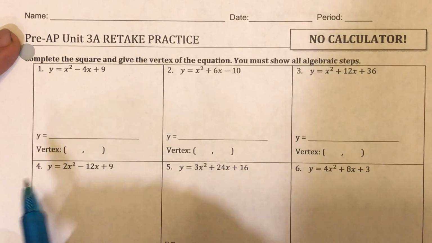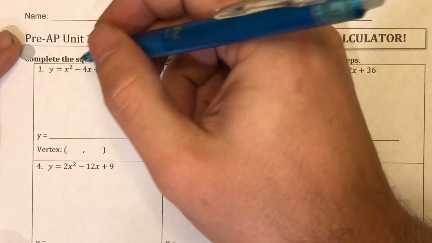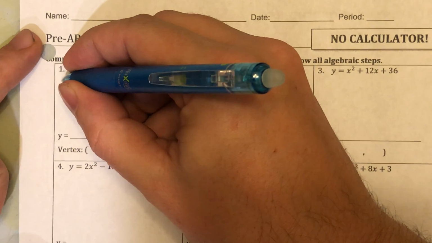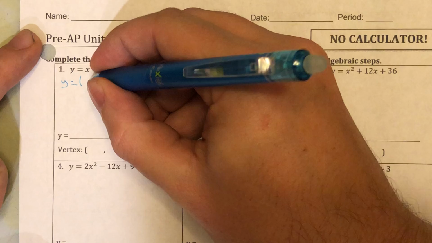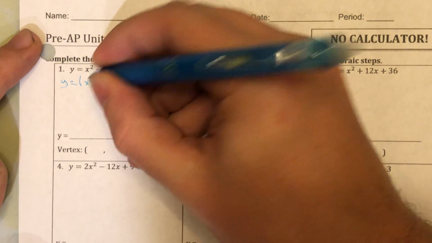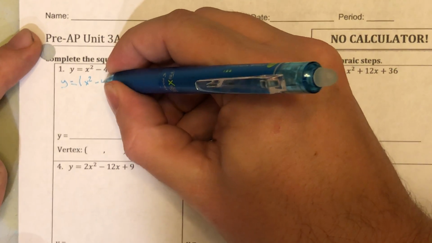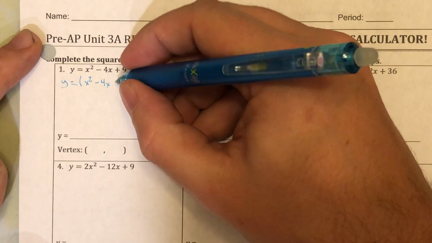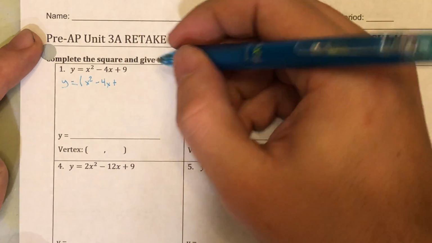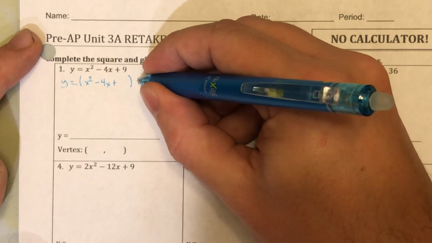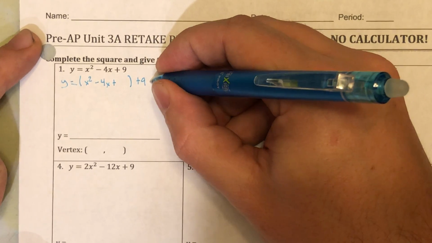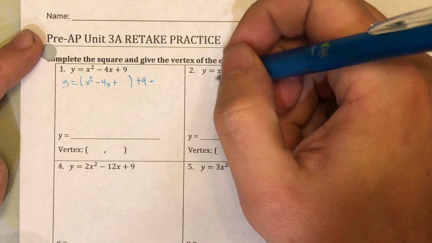So when we complete the square, we rewrite this. We have y equals, we open a parenthesis, x squared minus 4x plus, we leave some space, close the parenthesis, plus 9 and minus, we'll leave some space.